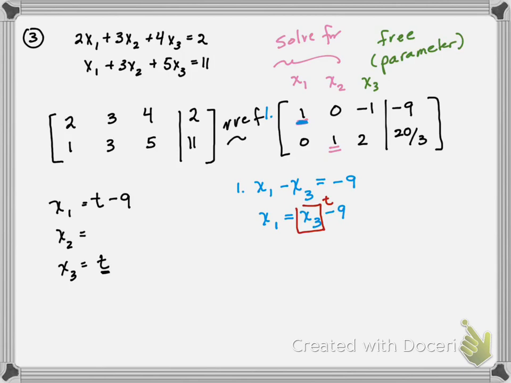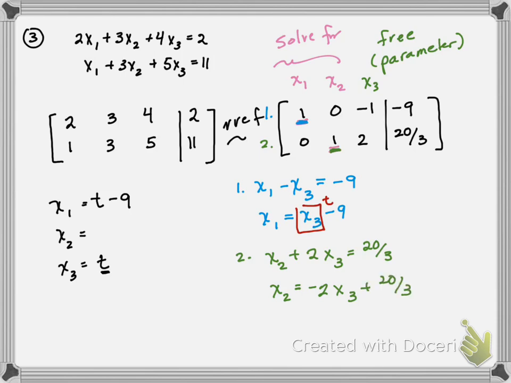All right, now let's look at the second row and pull out the equation from it. Here we get 0x1, 1x2 plus 2x3 equals 20/3. Now solving for x2, we have this pivot in row 2, so x2 will be minus 2x3 plus 20/3.